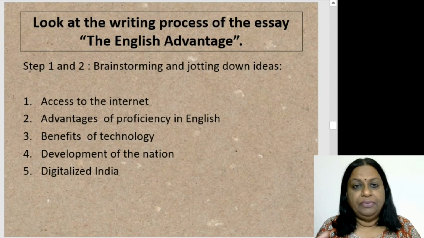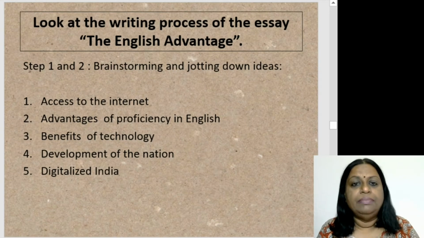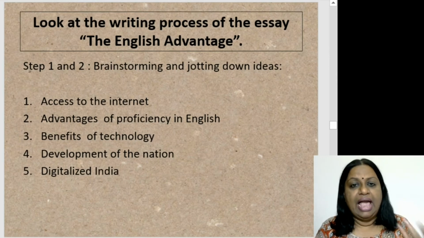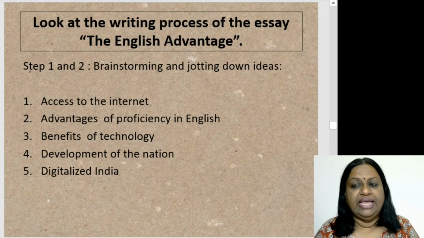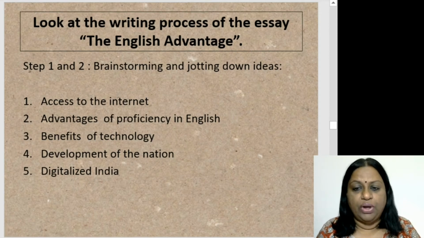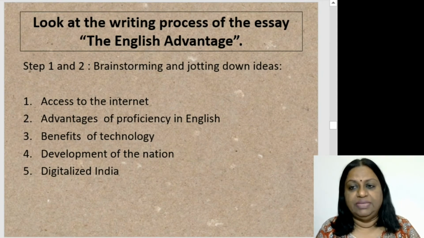So it would come randomly, so it is not in any logical sequence. It would have come naturally as the student or as someone thinks about the topic, the English advantage. Let's look at some of the points that have been noted down during the brainstorming session.